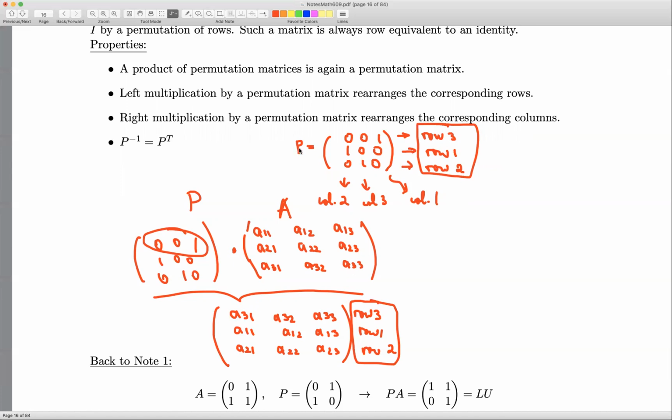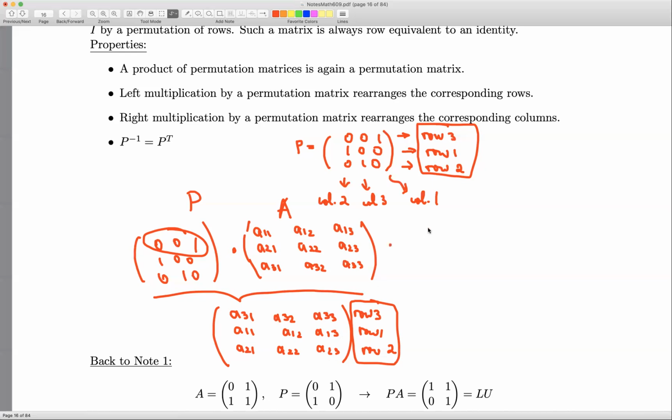So to create the matrix P from the identity matrix, I put row 3 on first place, row 1 on second place, and row 2 on third place. This is how I'm going to create the product of these two matrices. I put row 3 of the matrix A on first place, row 1 of the matrix A on second place, and row 2 of the matrix A on the third place.